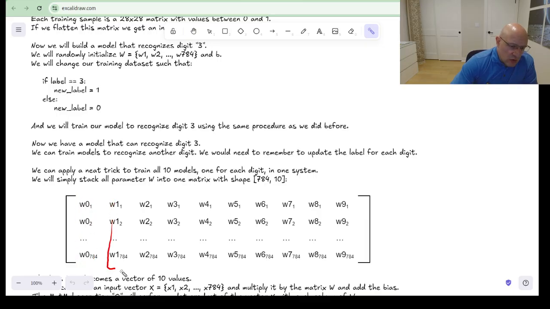This would be the model that recognizes digit 0, this would be the model that recognizes digit 1, this would be the model that recognizes digit 2, and so forth. And we just stack them together, all 10 of them. This image is actually misleading, because each column here is 784 elements, but it's only 10 elements wide. So it's actually a very, very tall matrix.